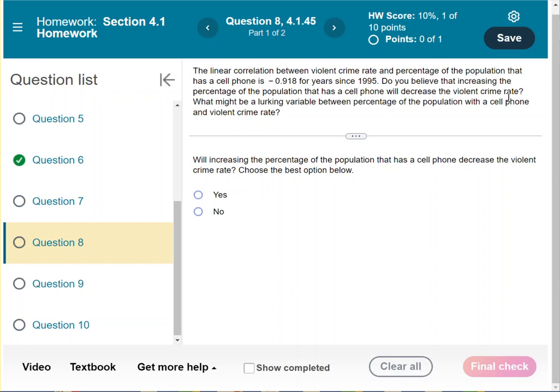There seems to be some kind of association here, but it asks what might be a lurking variable. Will increasing the percentage of the population that has a cell phone decrease the violent crime rate? Sure doesn't seem like it. Let's go ahead and choose no here.